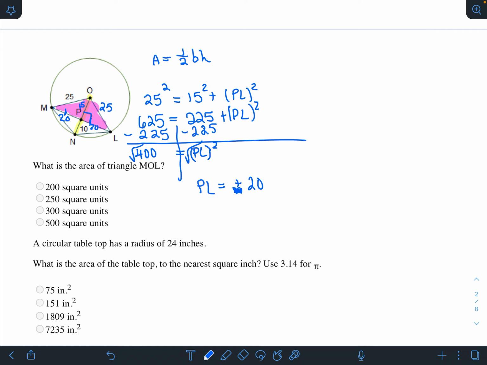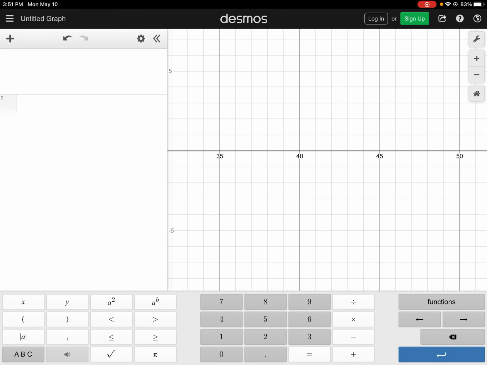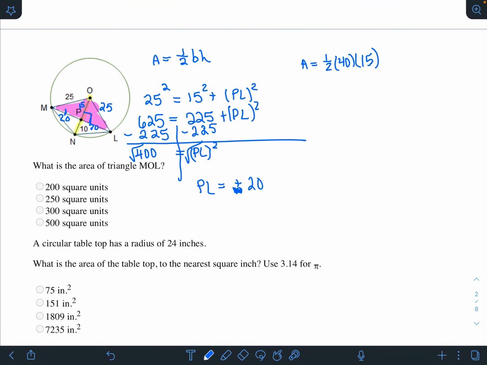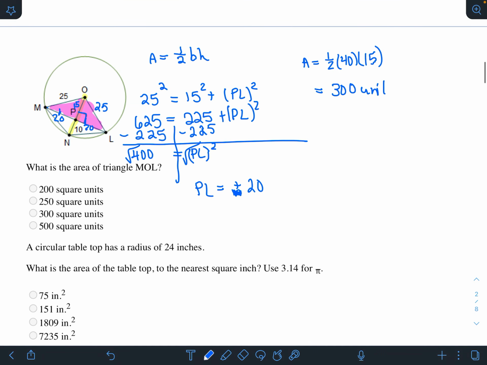So the length of the whole base is going to be 40, and the height is 15. And I get the area of this triangle is 1/2 times 40 times 15, which gives me 300. So 300 units squared.